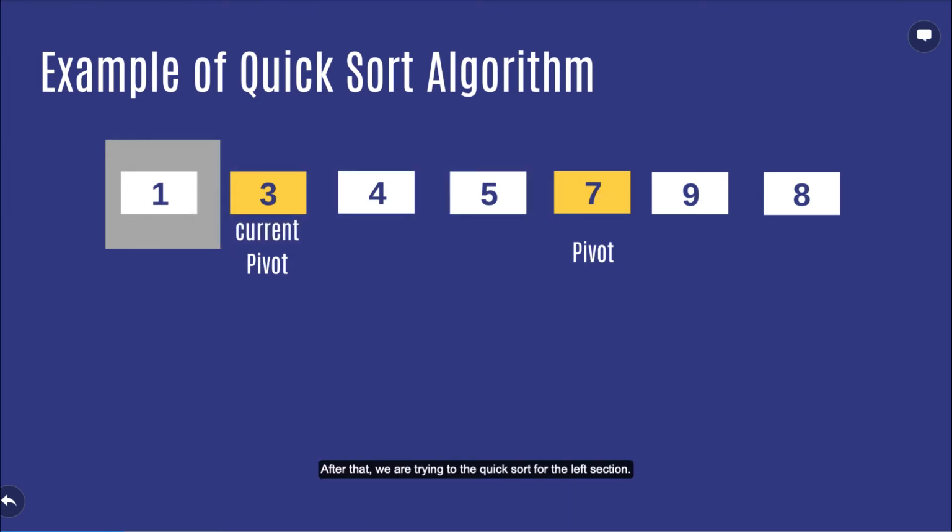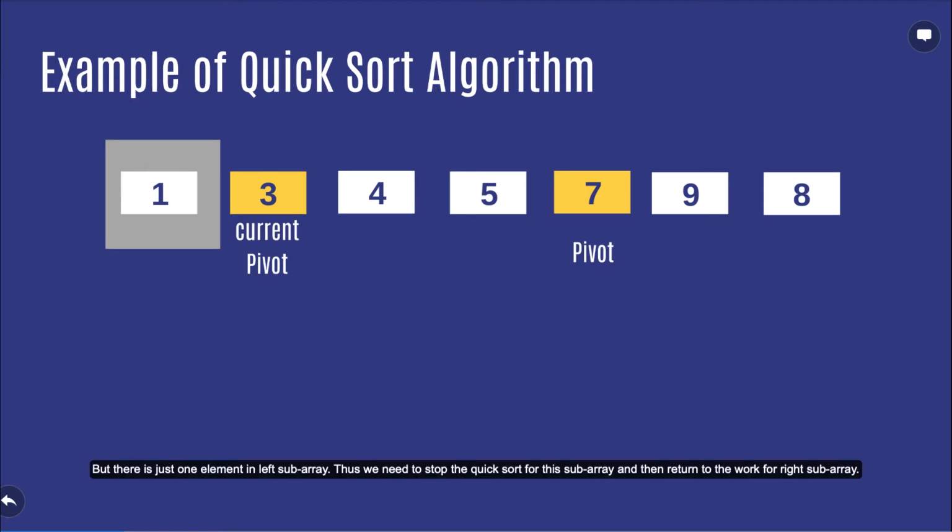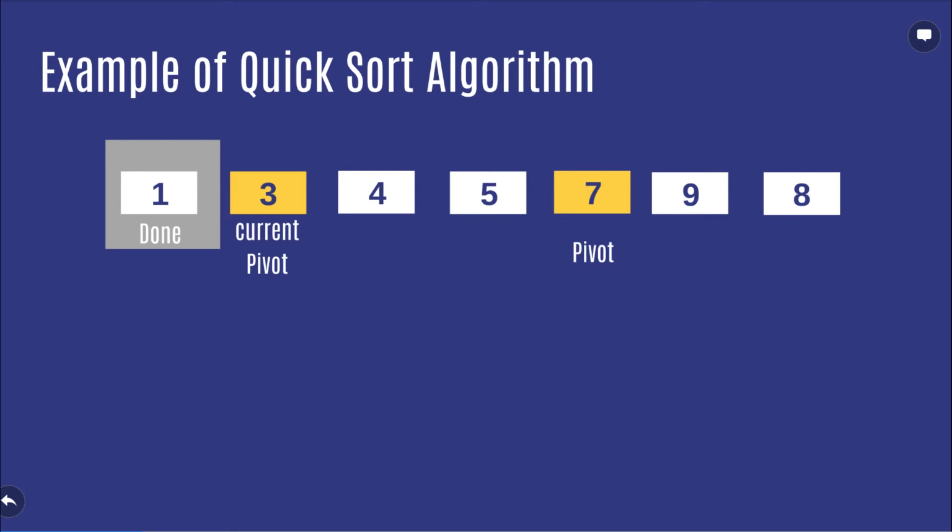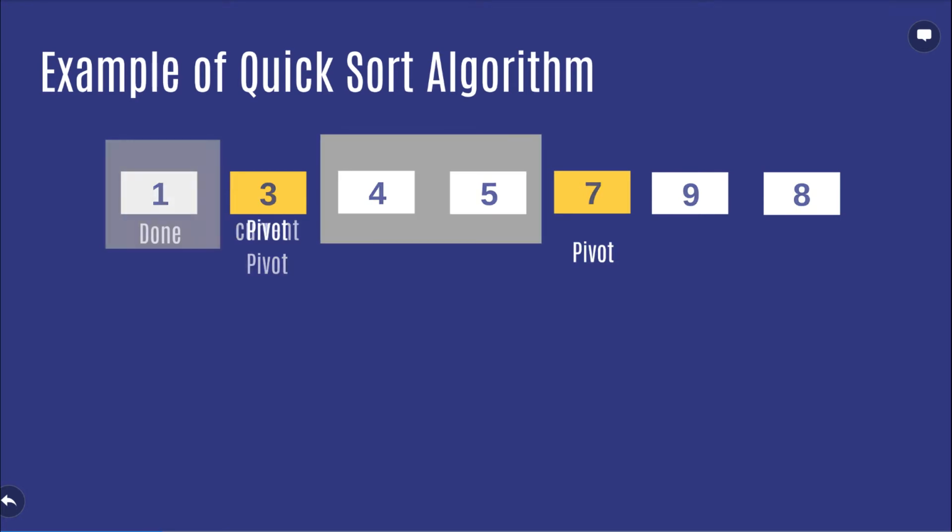After that, we try to quicksort the left section, but there is just one element in the left subarray. Thus, we stop the quicksort for this subarray and return to the work for the right subarray. Now we start quicksort again for the right subarray that has the values 4 and 5.